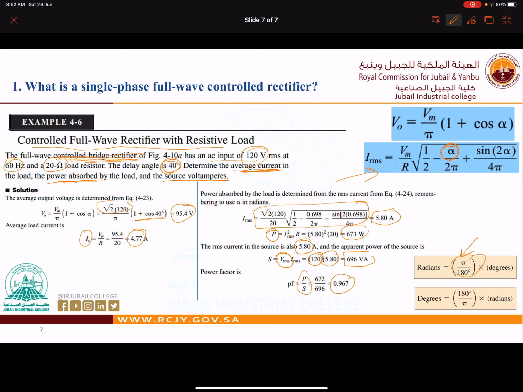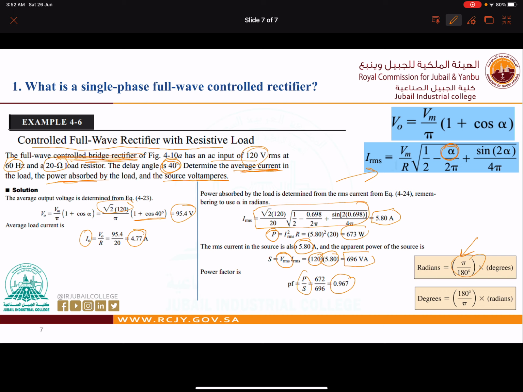So remember in the half wave, we got 0.6 power factor, which is very low, right? Because we are rectifying half of the input voltage, but in the full wave rectifier, we are converting the two pulses, the positive and the negative, right?